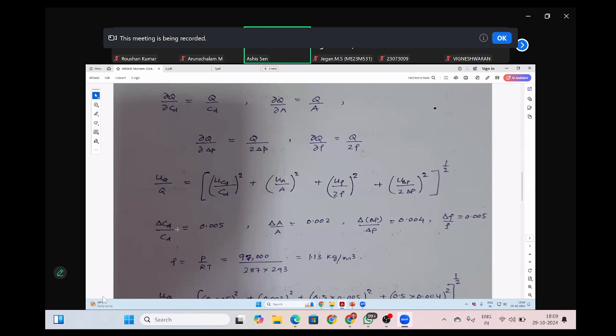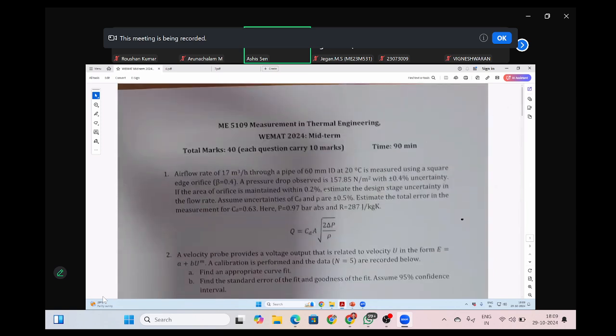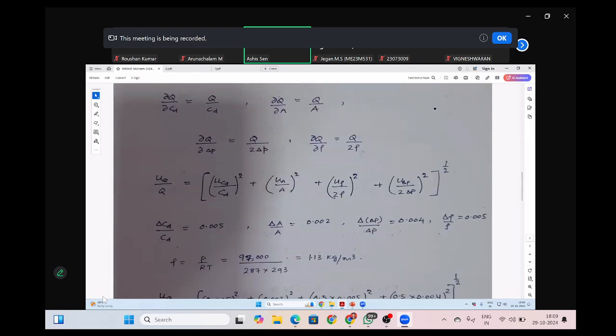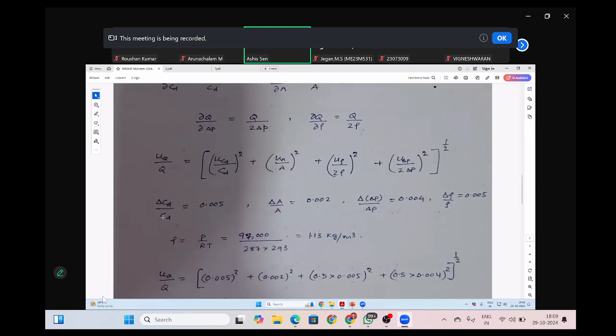Now, what are the individual uncertainties? As per the question, you can see that uncertainty in CD and rho are both 0.5%. So that means delta CD over CD is basically 0.005.